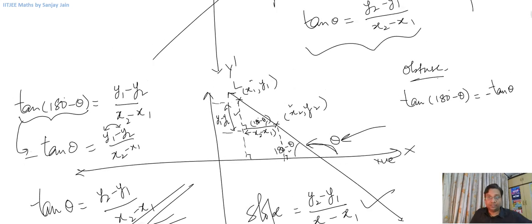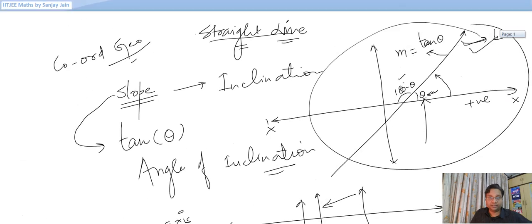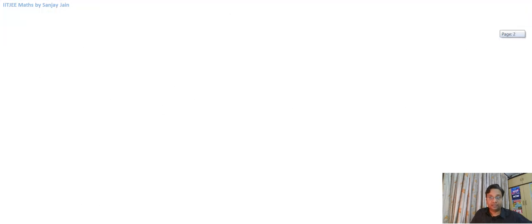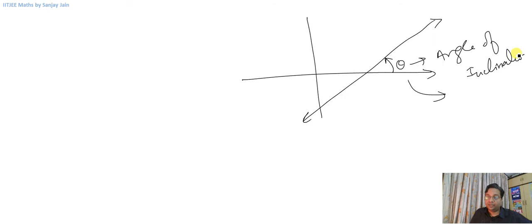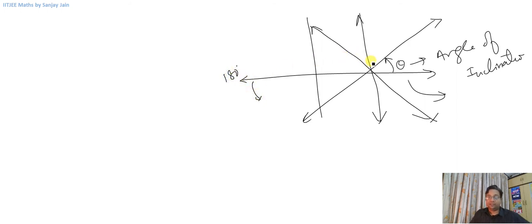Okay, so a few things that you should have observed in this are that, number one, the line makes an angle in anti-clockwise direction with the positive direction of x-axis. This angle is known as angle of inclination, right? So if I keep rotating this line, after this line, which is 180 degrees, it will start making an acute angle with the x-axis once again.